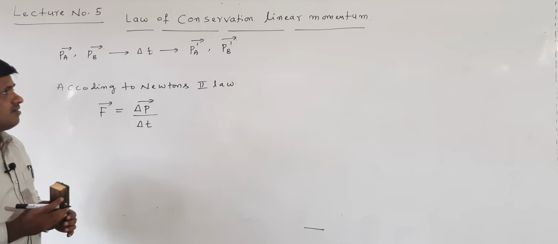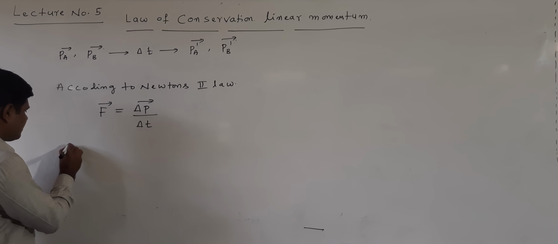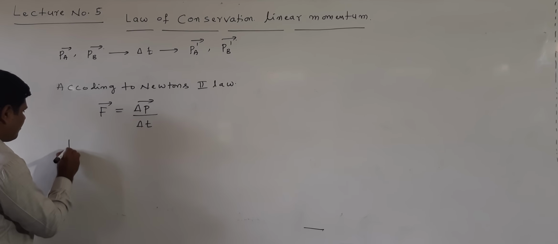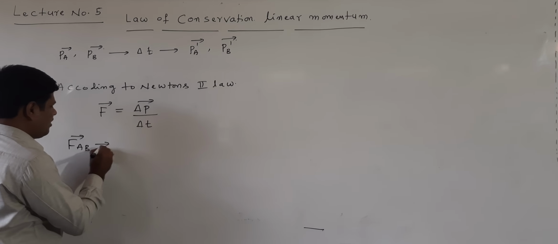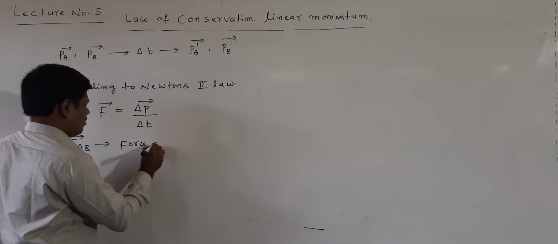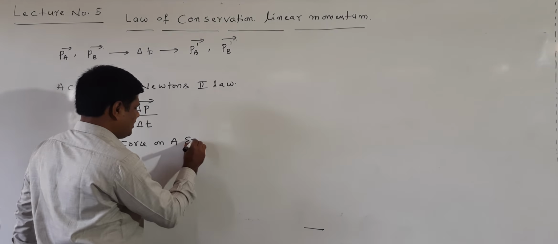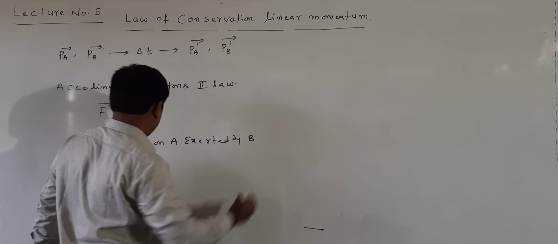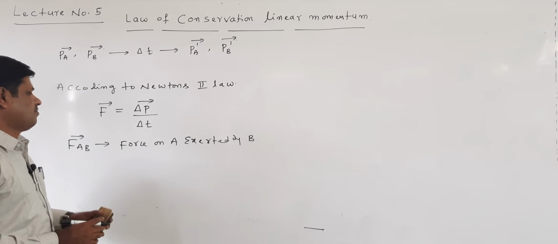Now first of all, I have taken two bodies, A and B. Yesterday we had discussed here. FAB bar is the force on A exerted by B, or force on A body exerted by B body.